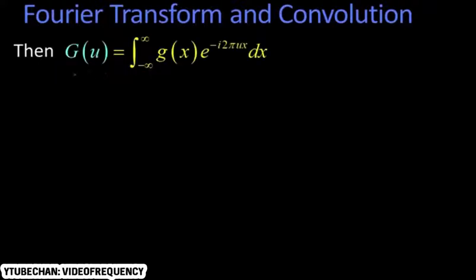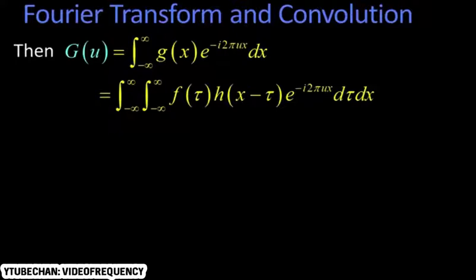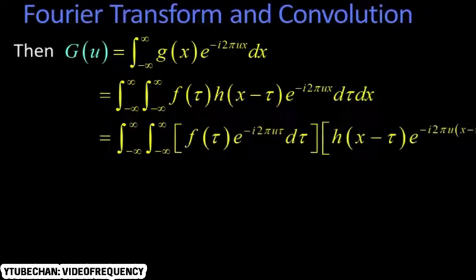Okay, our definition, right, G of u is just the Fourier transform of g of x. But g of x is just the convolution of f with h. Remember, that was my definition of g, the convolution of f with h. What I can do is rearrange this, and you'll see what I did here was, this was ux, so here we have u tau, and here we have x minus tau.